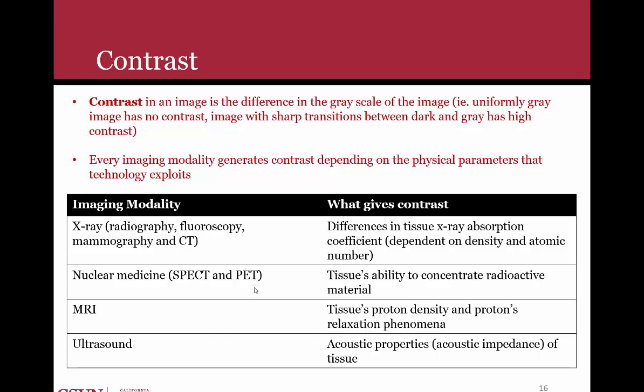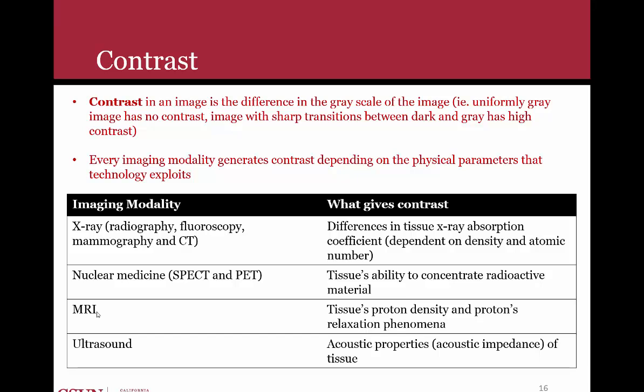In the case of SPECT and PET, what gives you contrast is some tissue's ability to concentrate a radioactive material, specifically of a specific chemical, in the previous case glucose.